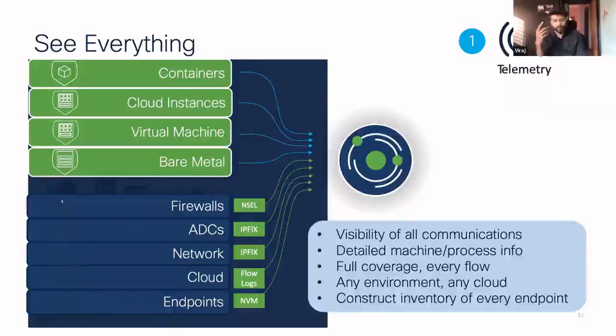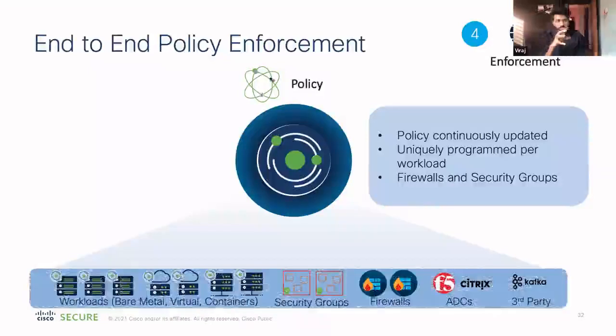So we have something called telemetry. Telemetry is where you get information about everything that's hosted on the cloud, and then you share that context with Secure Workload, and then you should be able to create dynamic policies around it, right? So you can create policies for VDIs, RDPs, virtualization.